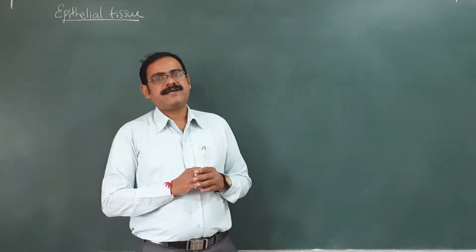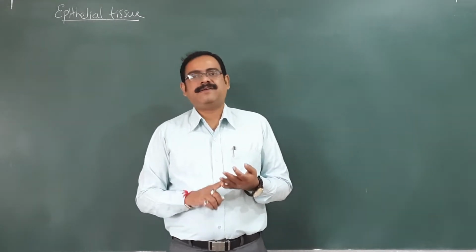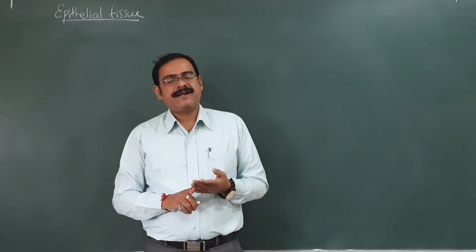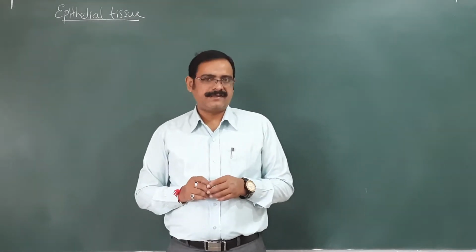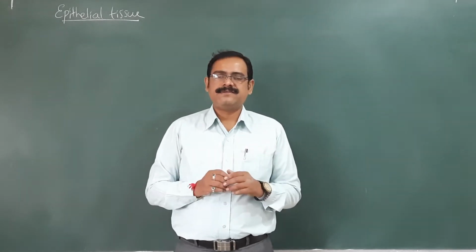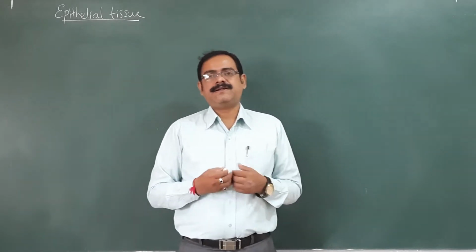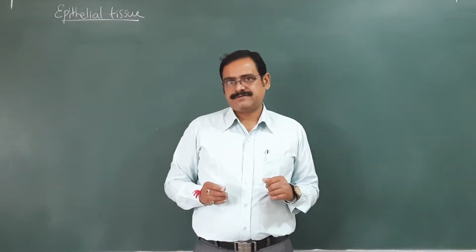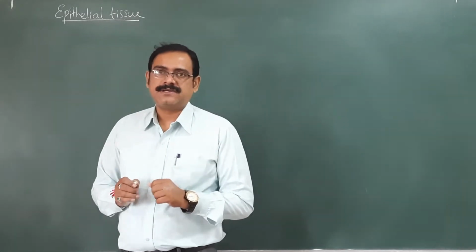Exocrine glands: the best examples are the liver, the pancreas, the mammary gland and the salivary gland. They have a duct through which they release their secretions. Endocrine glands are our pituitary gland, thyroid and adrenal gland. Fine, we have already done this discussion.